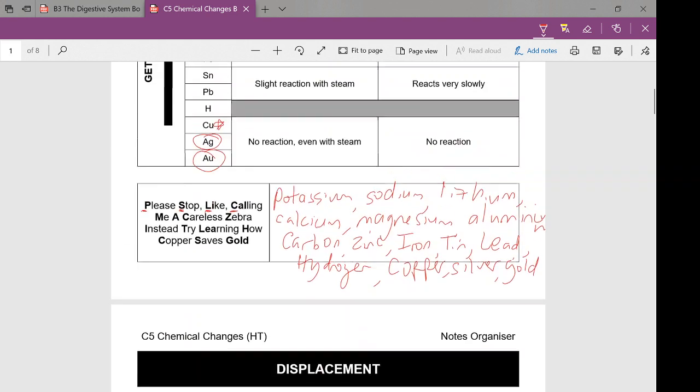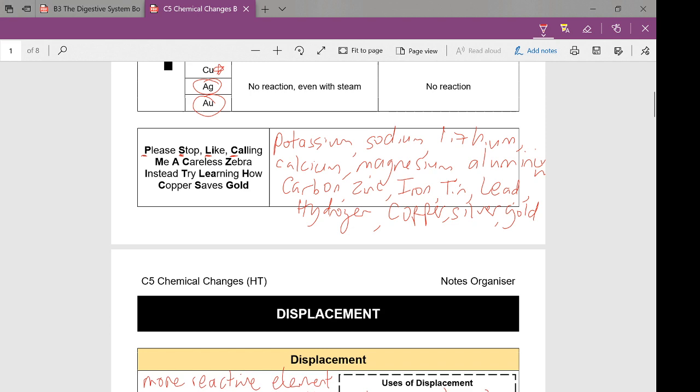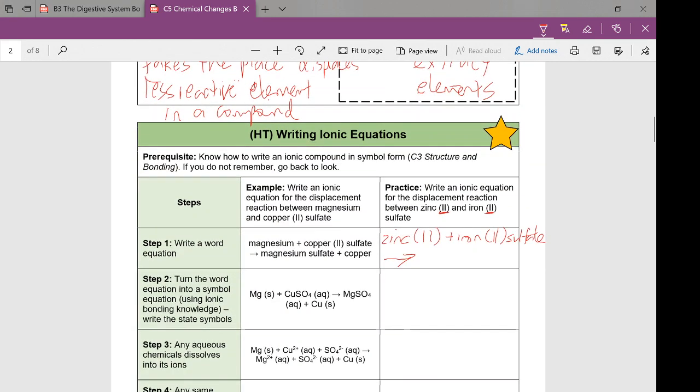Zinc is more reactive than iron. It's higher up on the table. So, is zinc going to be able to bully out iron and take the sulfate away?